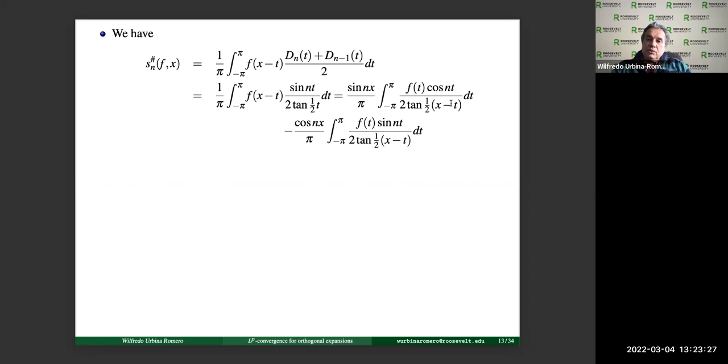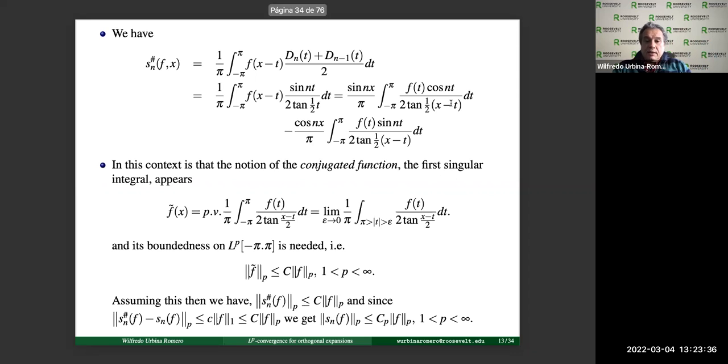You are convolving with a kernel that is not a nice integrable kernel. And that is the beginning of the need of the conjugate function. You need to understand this guy.